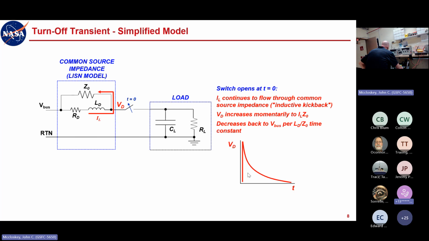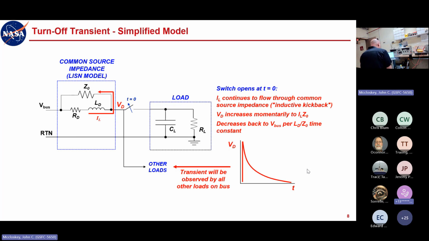So that gives you this big spike here, and then as the field dissipates, that potential will decrease back to the bus potential according to the L over Z naught time constant. And again, that transient will be observed by all of the other loads on the bus. So that's why we care about this from a susceptibility standpoint.